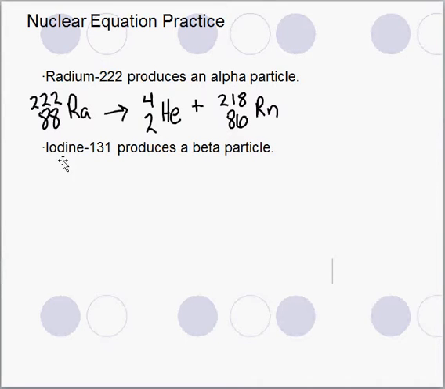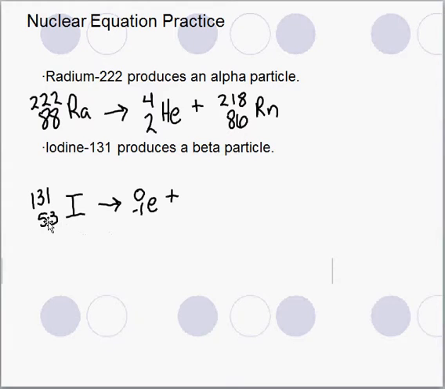Our next example is iodine-131 produces a beta particle. So I write down iodine with its mass over atomic number and its symbol. Told that it produces a beta particle, which an electron has no mass, and it doesn't really have an atomic number either, but it in effect is -1.